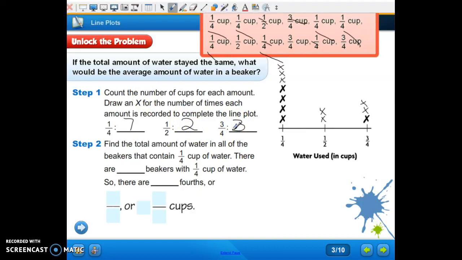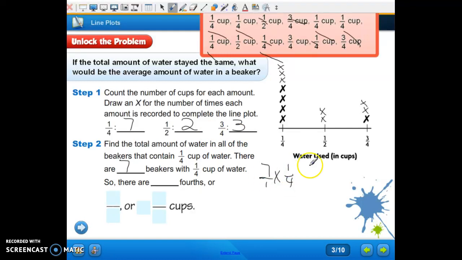Step 2. Find the total amount of water in all the beakers that contain 1/4 cup of water. There are 7 beakers with 1/4 cups of water. So we have 7 times 1/4. You can put 7 over 1.